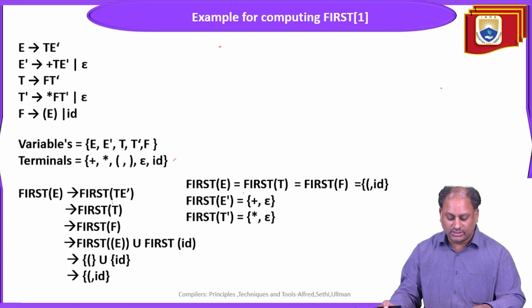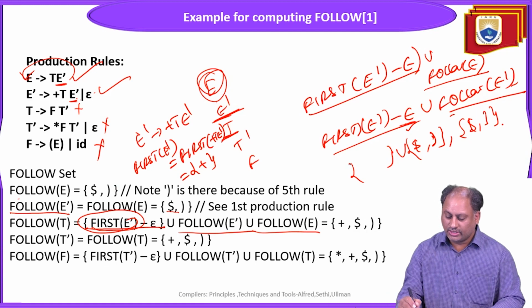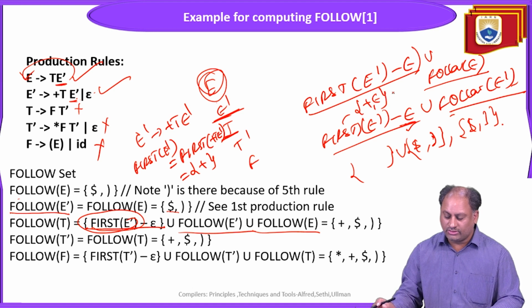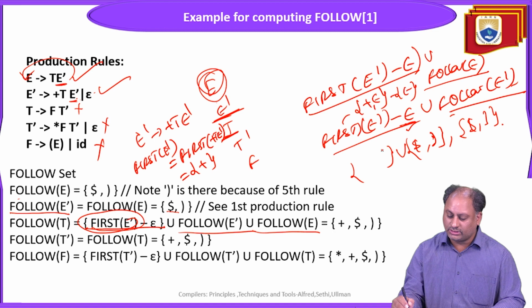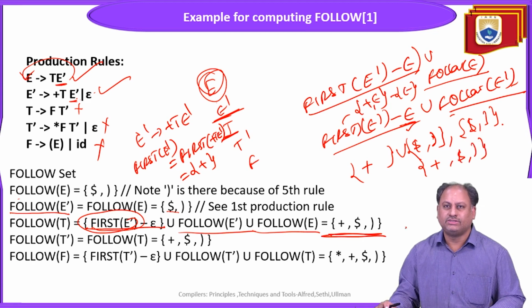So that's why we get the result here, E dash: plus epsilon. But we have to exclude epsilon, so minus epsilon means we are getting plus. After getting the plus result, we combine the results: plus dollar right parenthesis. That's why I'm getting the result plus dollar right parenthesis.